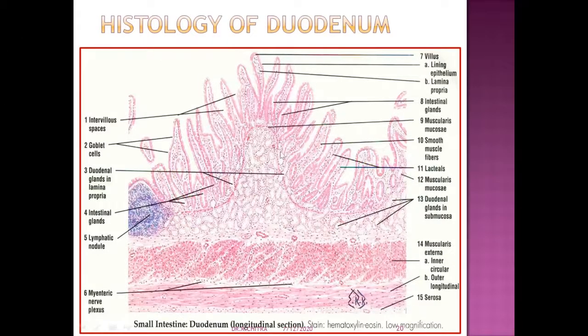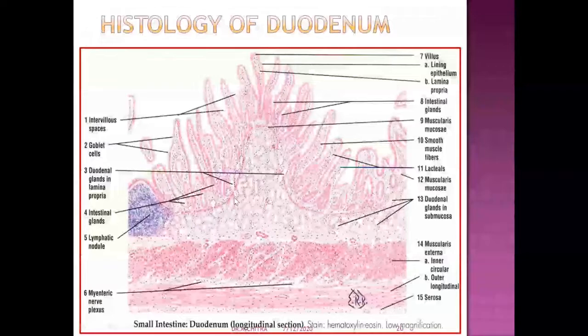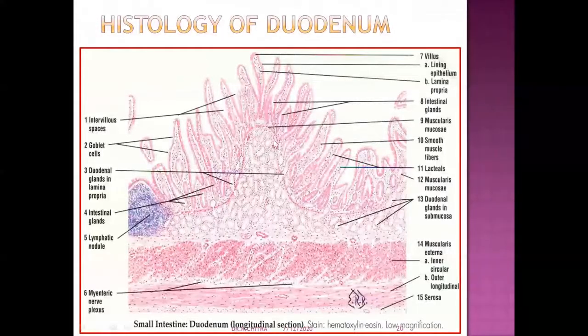So this is a typical histological picture of the duodenum. So the submucosa is full of duodenal glands called as the Brunner's glands. So villi are common. Villi are present in all the parts of the small intestine, but we have to know the shape of the villi differ in three parts: duodenum, jejunum, and ileum.